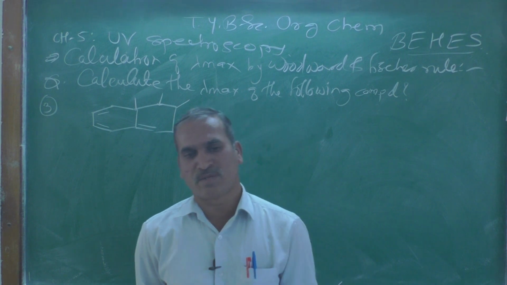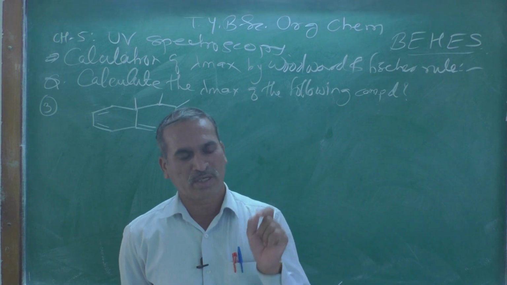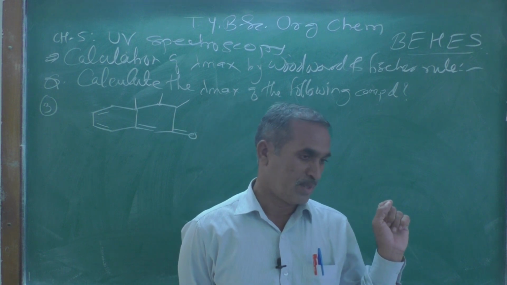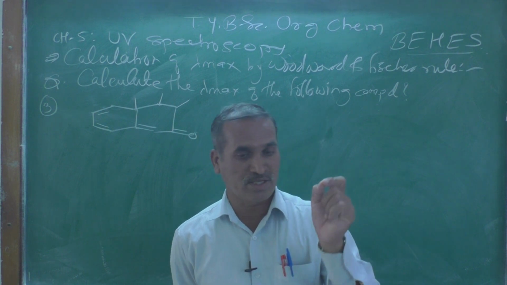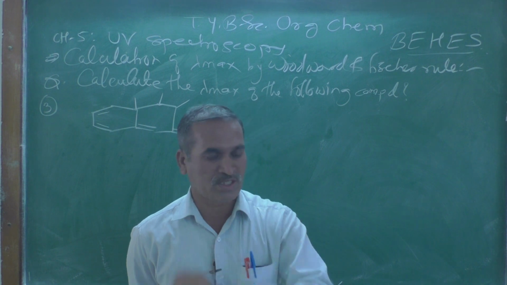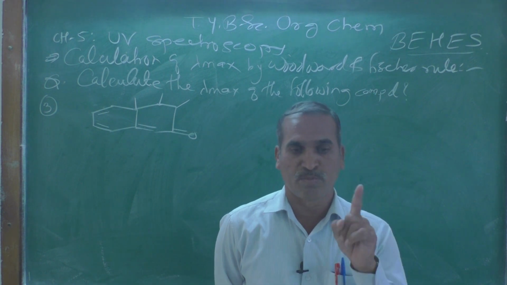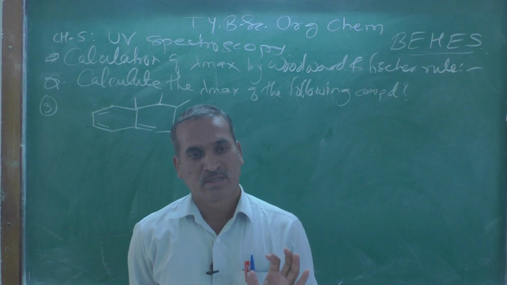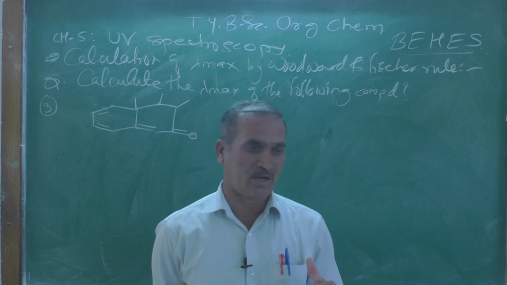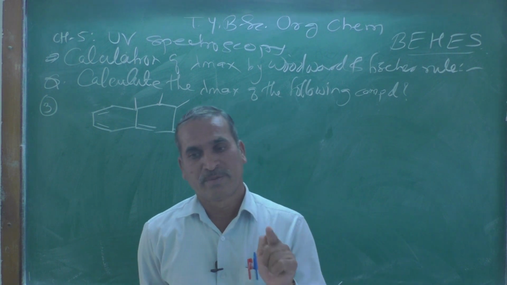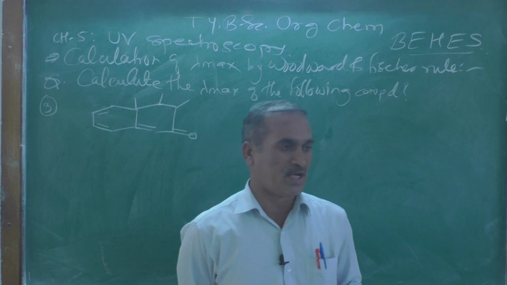If a diene system is there, you should take only one base value. But if there is an enone system, the carbonyl group must be present in conjugation with the double bond. That type of system we discussed in detail yesterday.